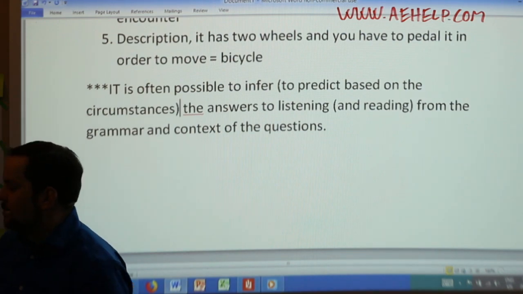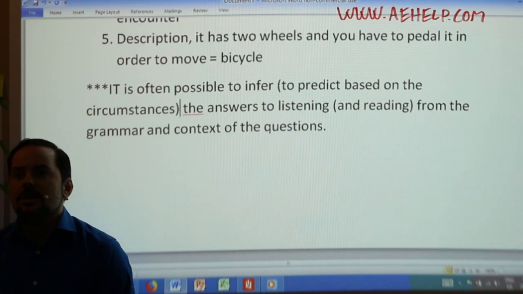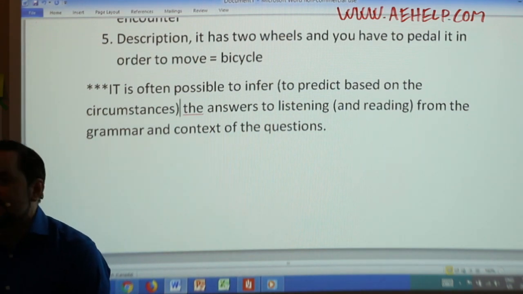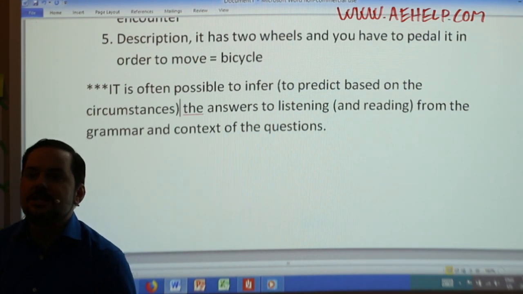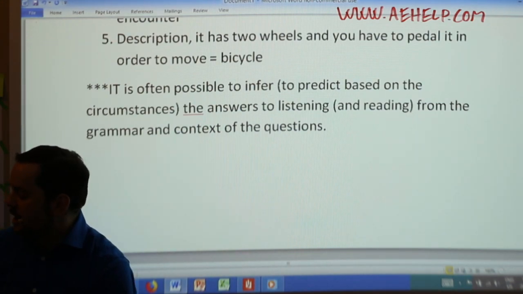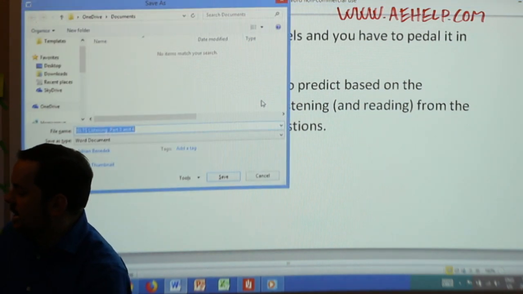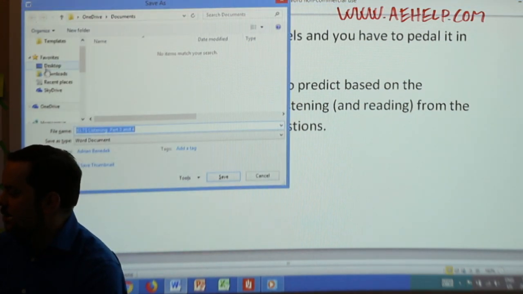Okay, so predicting based on the circumstances. It's an educated guess. A lot of teachers will say that an inference is an educated guess. So make sure that you're practicing inferring, making educated guesses while you're practicing this at home. Okay.